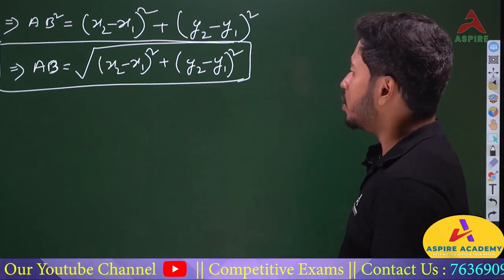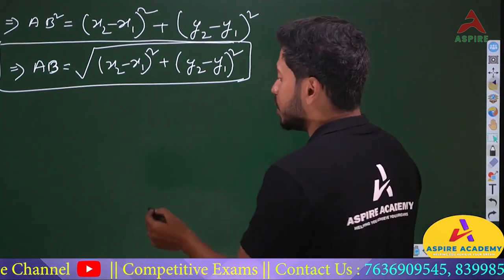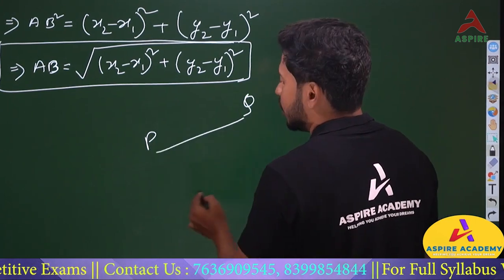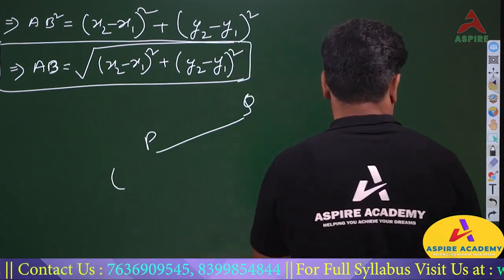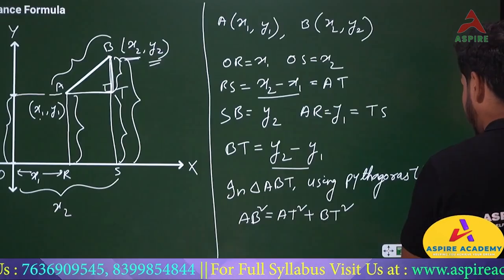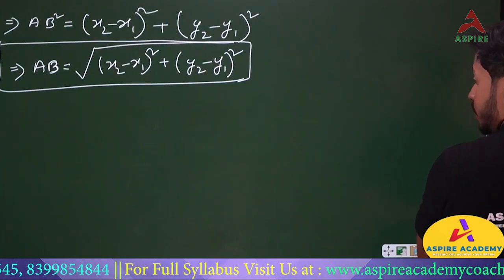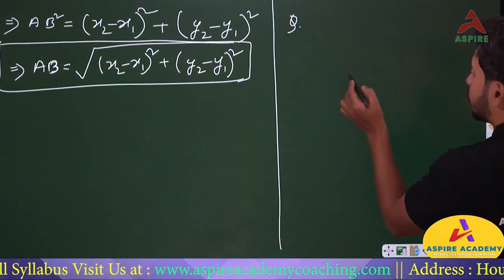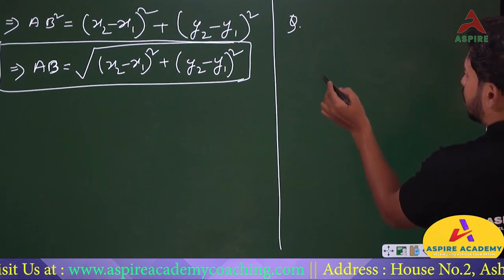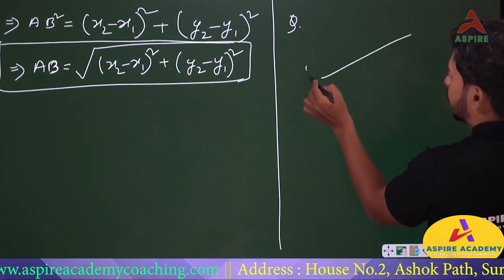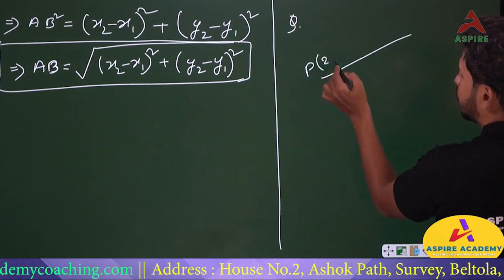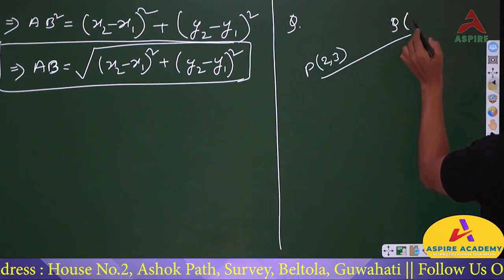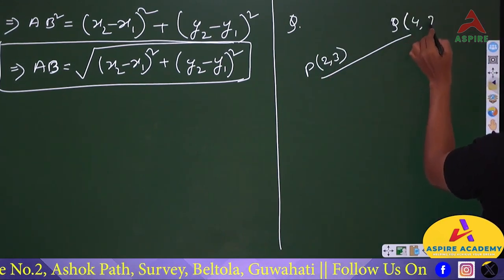Instead of AB, suppose a line is there, PQ, and I am doing an example here. Suppose a question is there: you have to measure the length of this line. Suppose P is 2, 3 and Q is 4, 7.